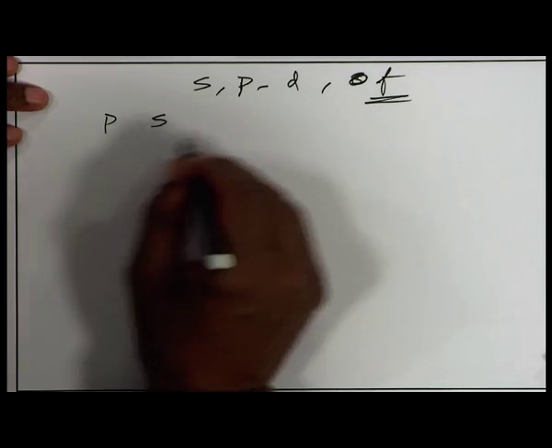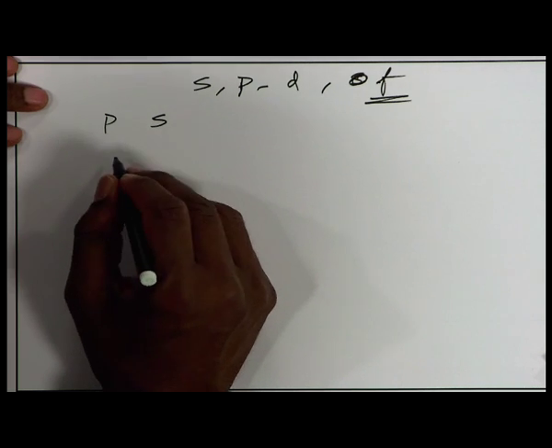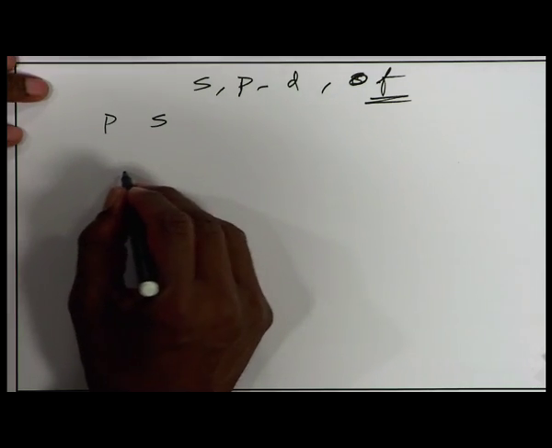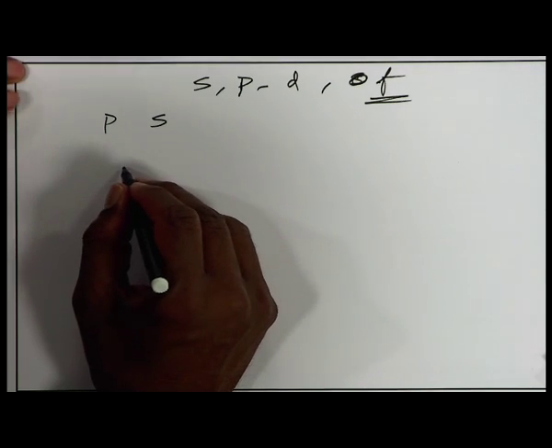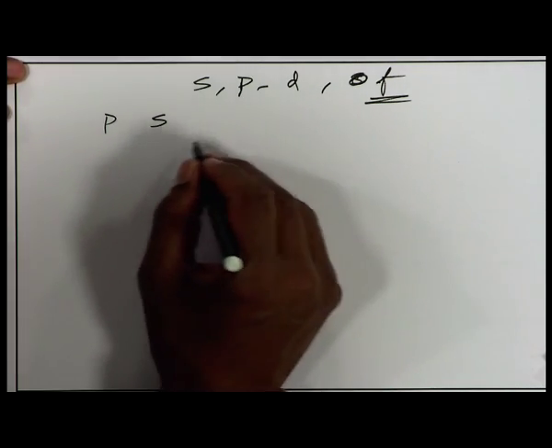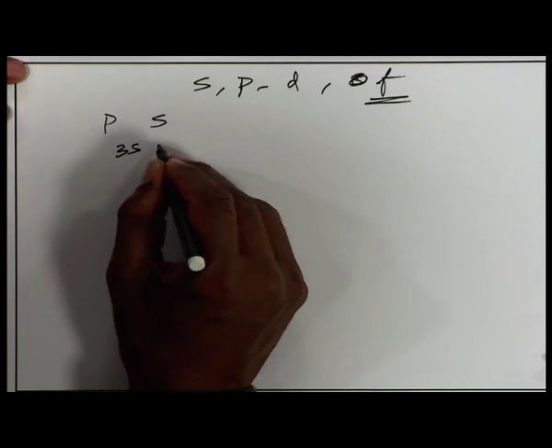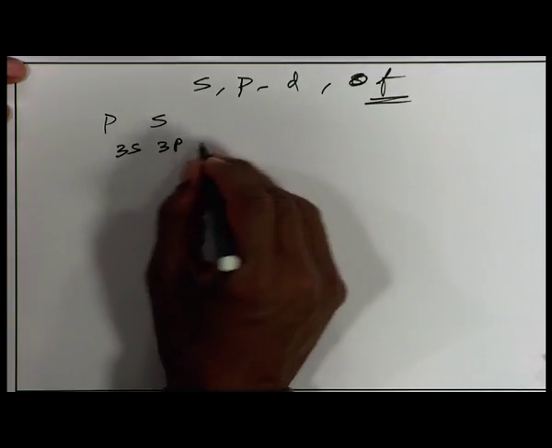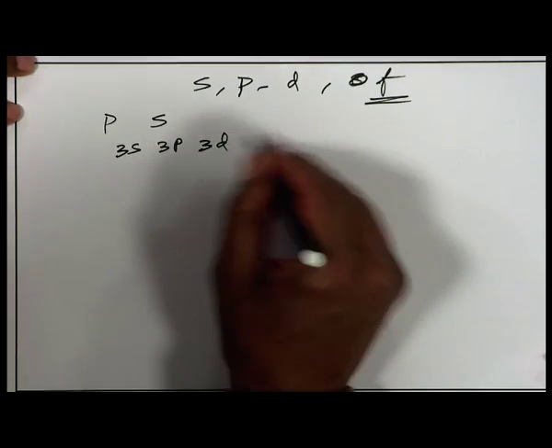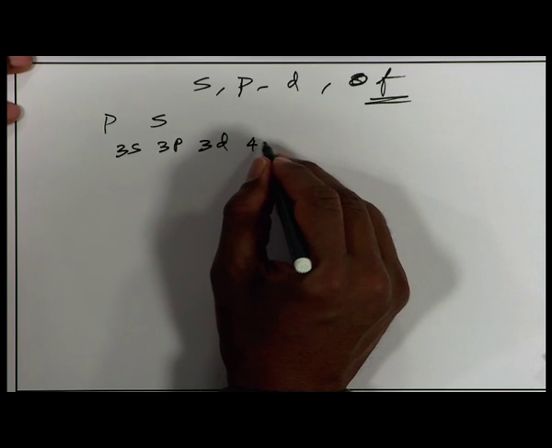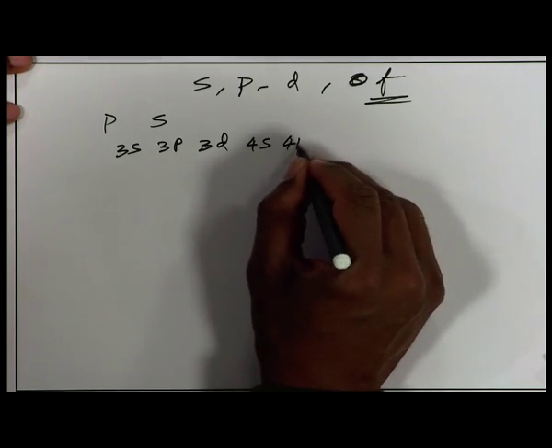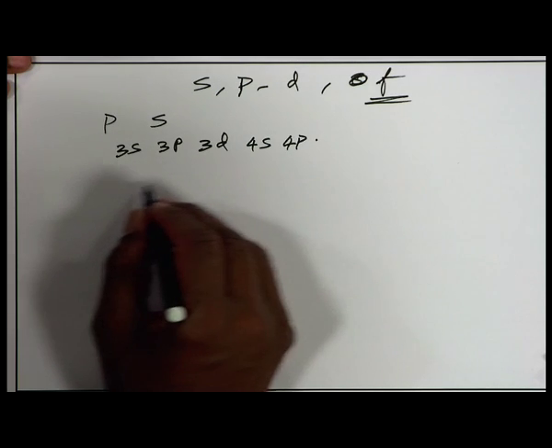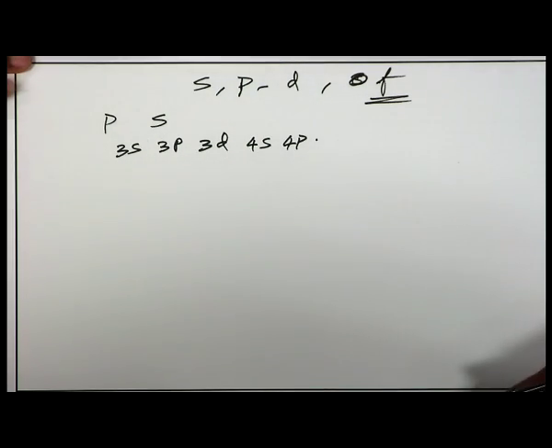So if you take a phosphorus atom, you have a 3s orbital and then 3p orbitals. On top of that there are 3d orbitals. Then above that the 4s orbital and then the 4p orbitals. Now these energy levels are comparable.